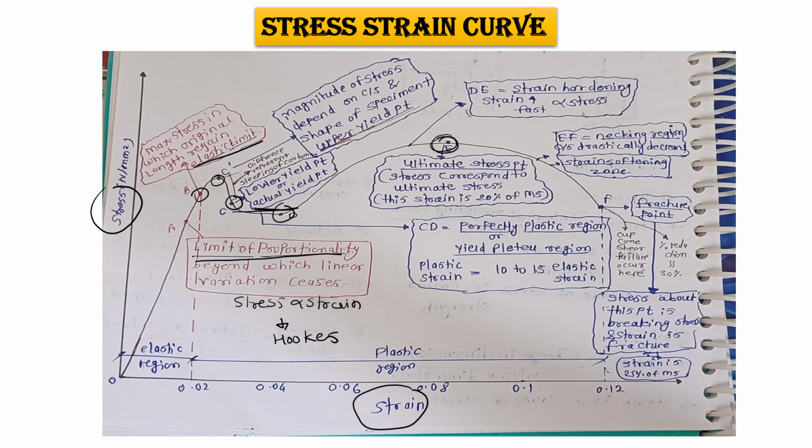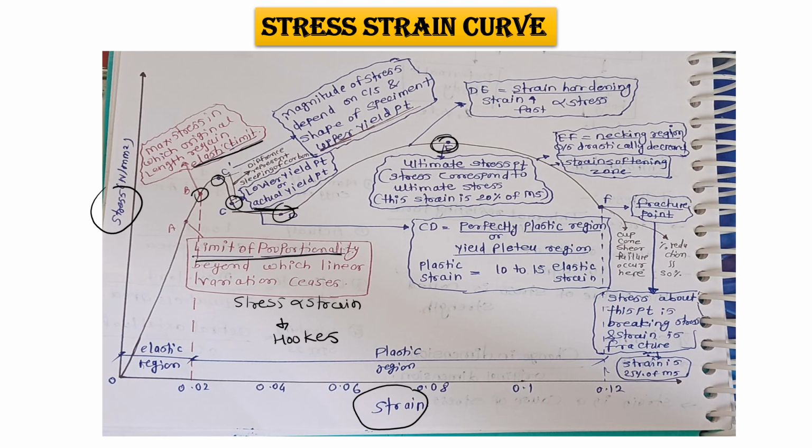The strain here is 20% of mild steel, taking total strength as 100%. This is the maximum stress calculated on the mild steel, and that point is the ultimate stress point.